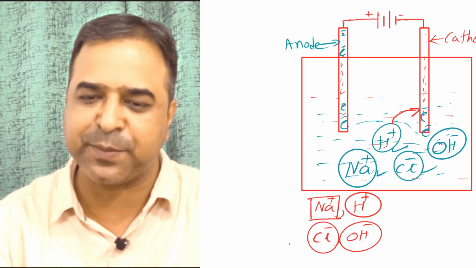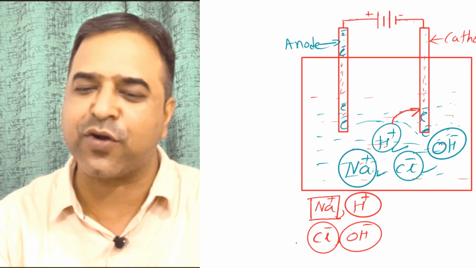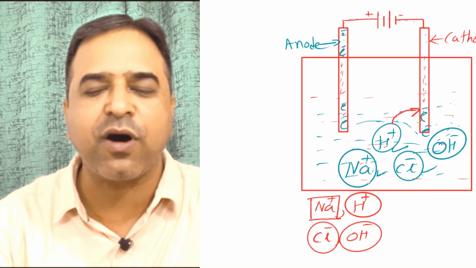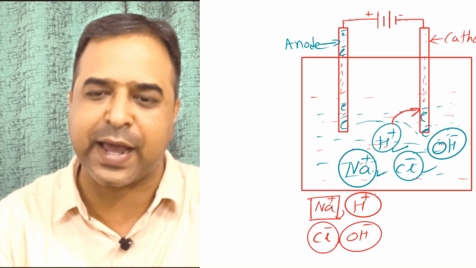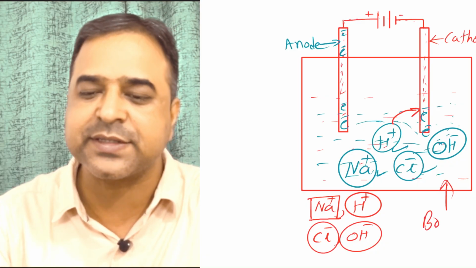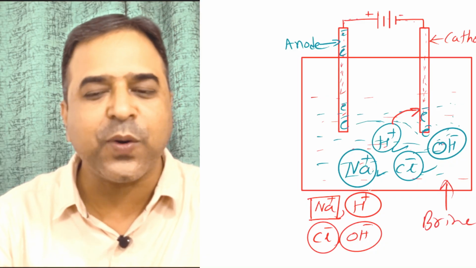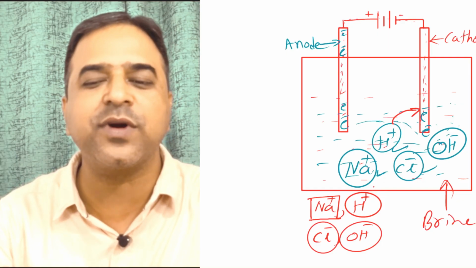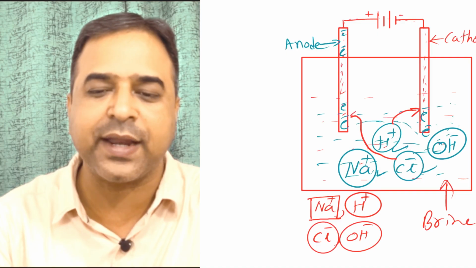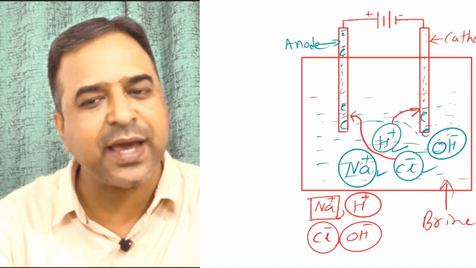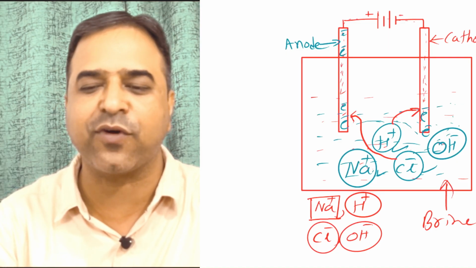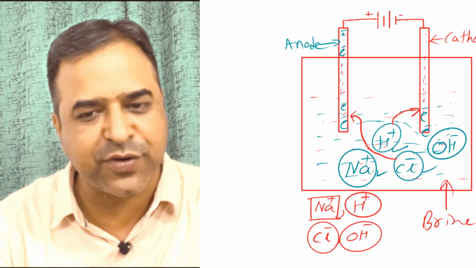You have to remember that if it is a concentrated solution, for example, a concentrated solution of sodium chloride is called brine. So suppose this is brine. Who will go towards the positive electrode? Yes, you are right. The chloride ion will go towards the anode. Understood? But remember, it is only for the concentrated one.